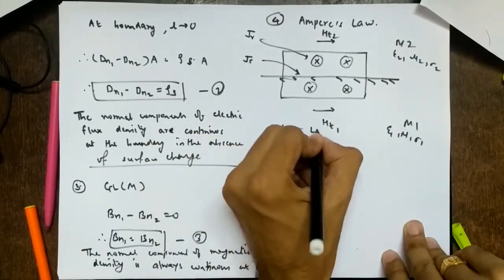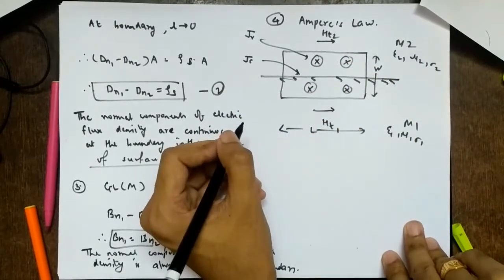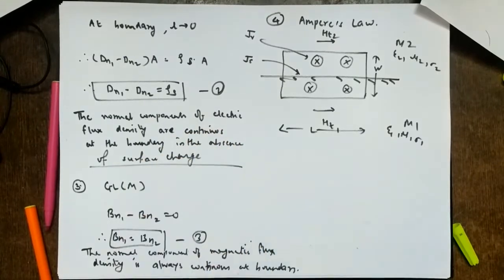And the length is L, width is W, right? So again, what will we write? Consider a rectangular loop of dimensions L by W placed across the boundary separating mediums M1 and M2 as shown in the figure, right? And inside the loop we have surface current density and volume current density as shown, right?